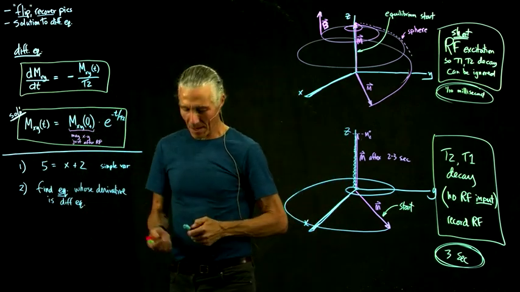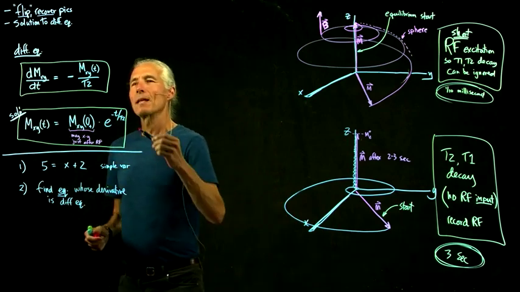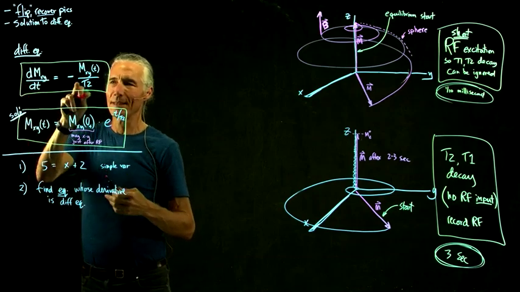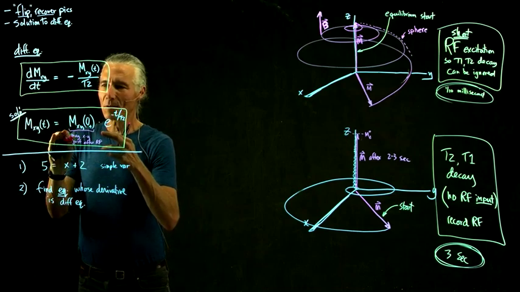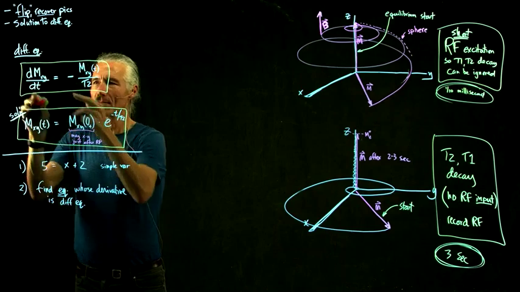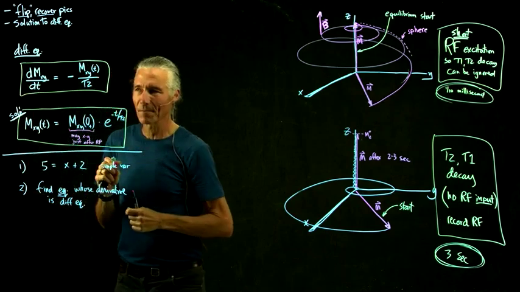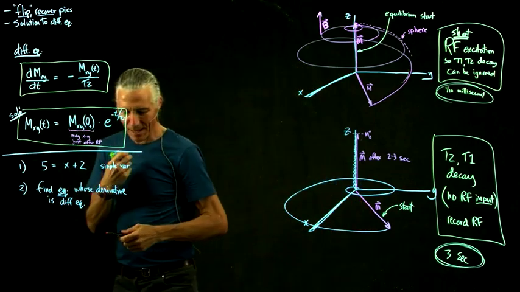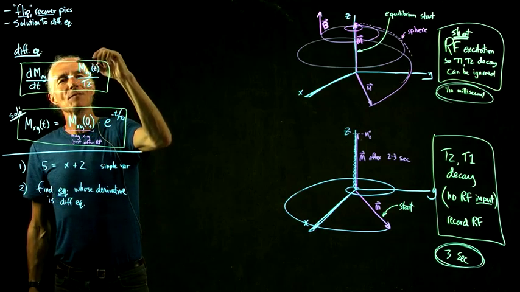So basically we're just trying to find some equation that when you take the derivative of it, you get this. So the idea is that this equation right here, if we take the derivative of it, we should get the differential equation. And so what we're doing is we're solving for this guy.